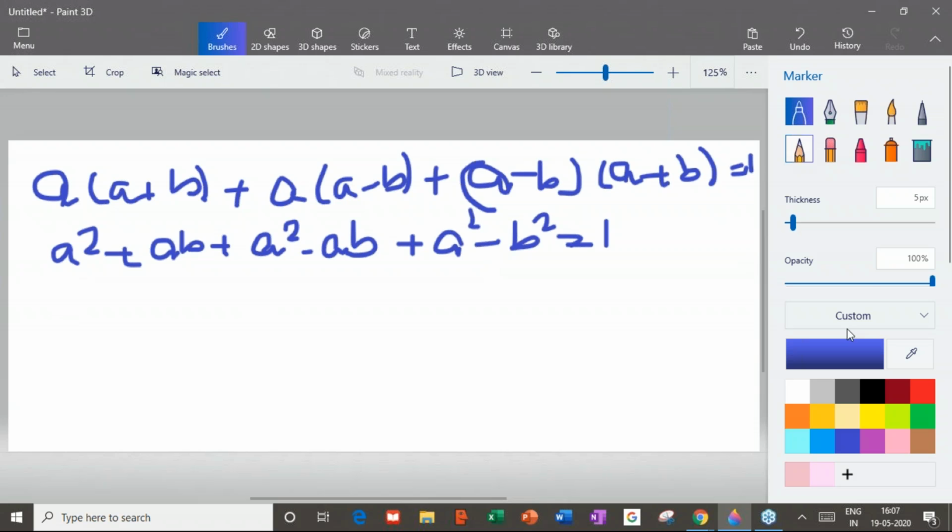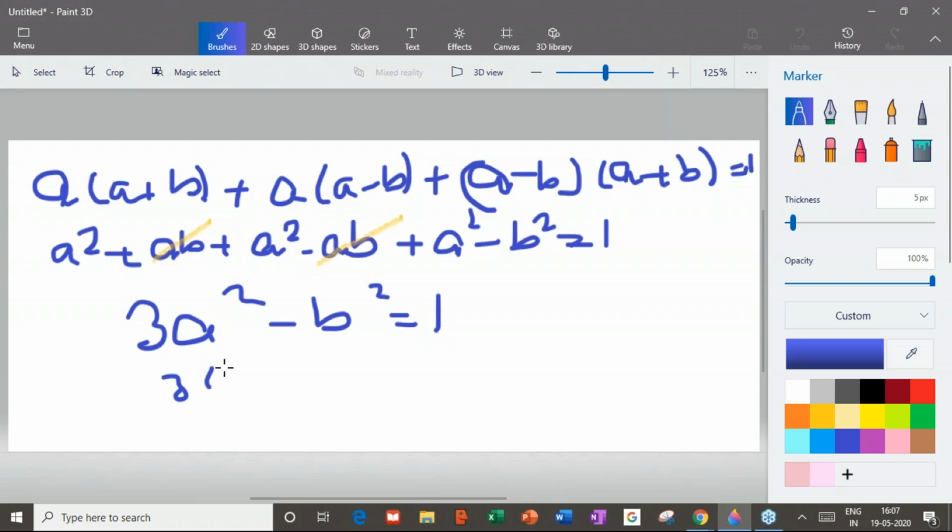So from here, you can cancel out two terms, which are ab and ab. So it becomes 3a square minus b square is equal to 1. Value of a is 1.